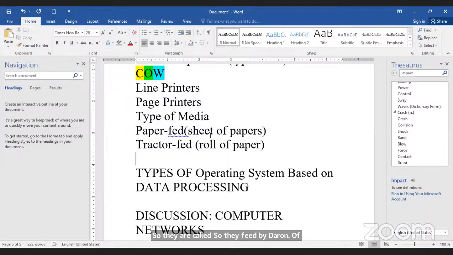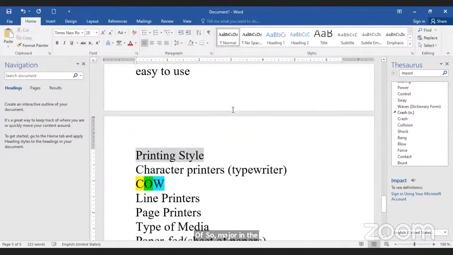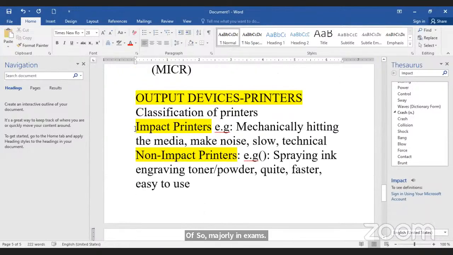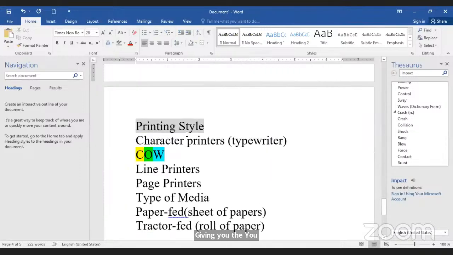So majorly in exams, watakuuliza using example, differentiate between impact printers and non-impact printers, giving examples.